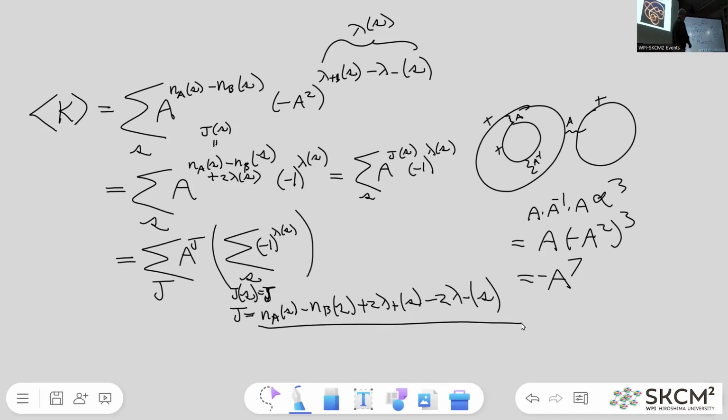But that involves states all across the board. You would have to go across the entire collection of states, find out which ones have that number, and then add up the signs of them accordingly, and that will be the coefficient of the A to the J.